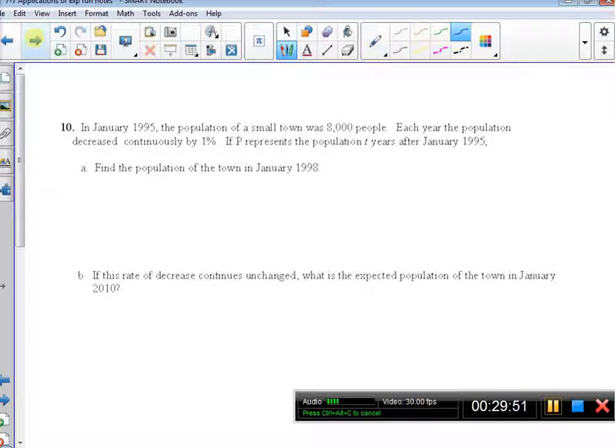Next one, almost done. In January, the population of a small town was 8,000. Each year, the population decreased continuously. That should tell us we're using the Pert formula. Okay? If P represents the population t years after January 1995, find the population of the town in January 1998.